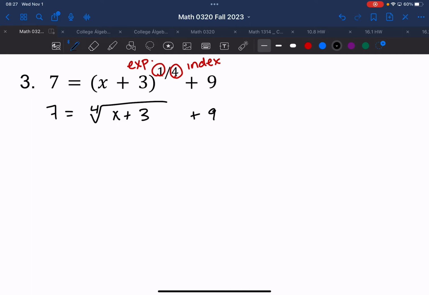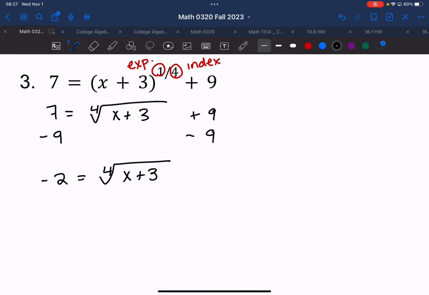So if we don't see our radical in there, we have to change it into a radical first. Okay, so if we want the radical by itself, what's going to be our first step? Good, subtract 9. So I get negative 2 is equal to the 4th root of x plus 3.